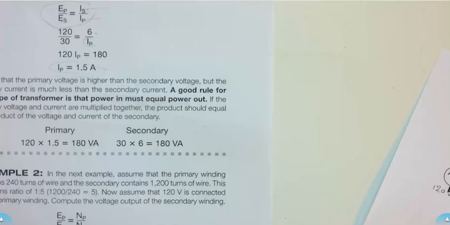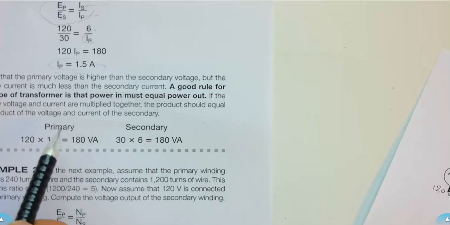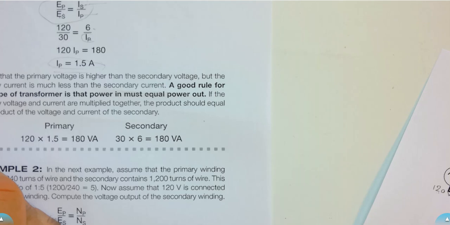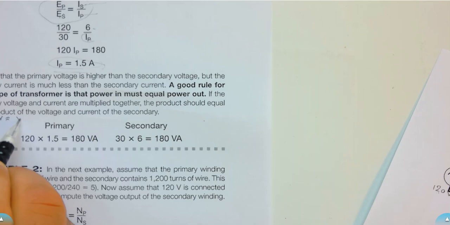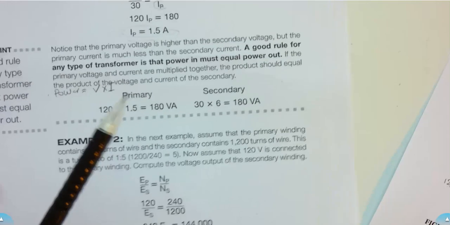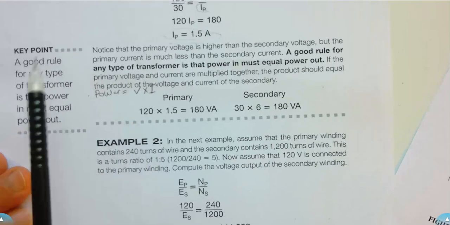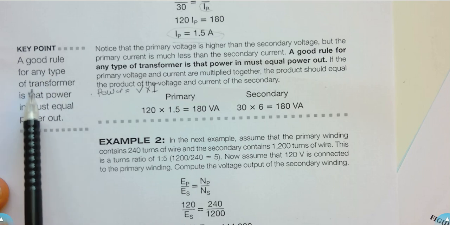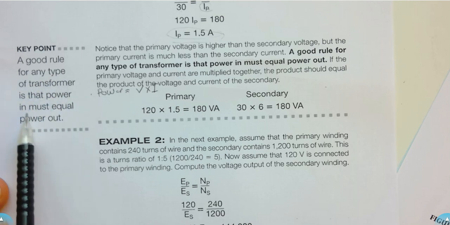And this one, guys, is the power. We know power equals voltage times current. Here he told us a good rule for any type of transformer is that the power must be equal.